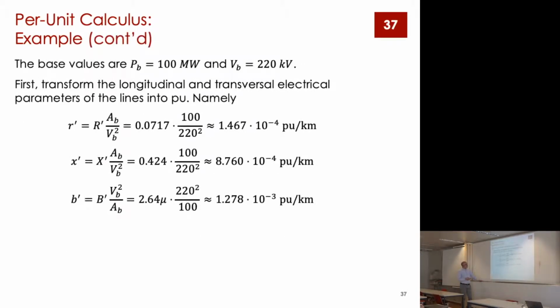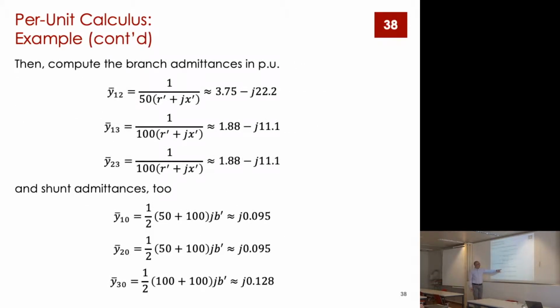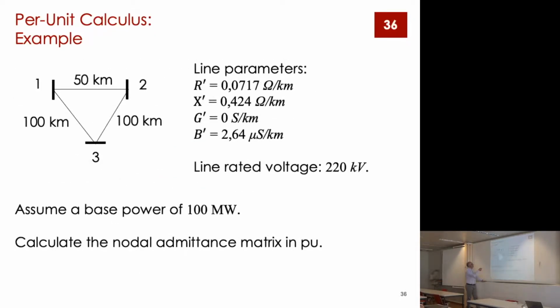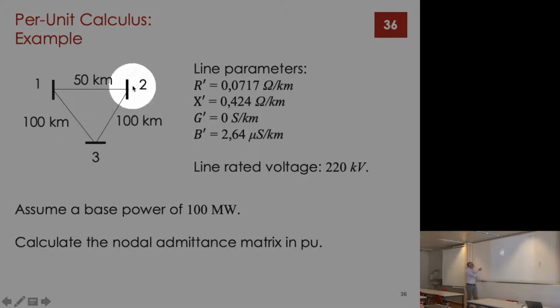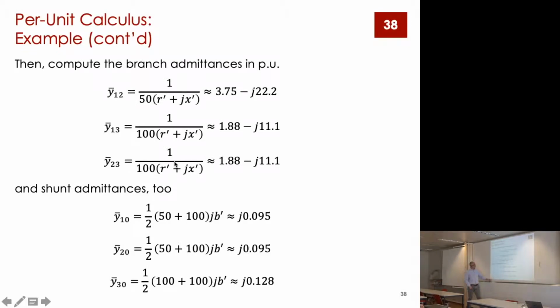So Y10 is equal to one half times (50 plus 100) times j B prime. Same thing for Y20, because in node 2 I have incident a line of 50 and a line of 100. And in node 3, I have incident a line of 100 and another line of 100.